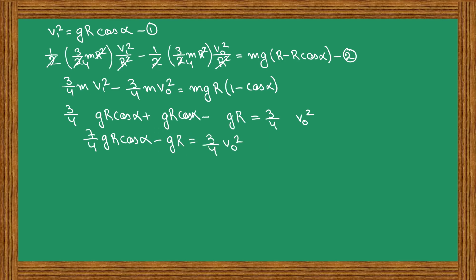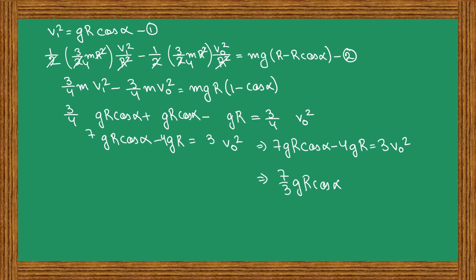If I take the LCM, it is divided by 4, so I can cancel out this 4. Out here it will be 7 gr cos alpha minus 4 gr is equals to 3 v0 square. Or we get 7 by 3 gr cos alpha minus 4 by 3 gr is equals to v naught square, or v naught is equals to under root of this much.